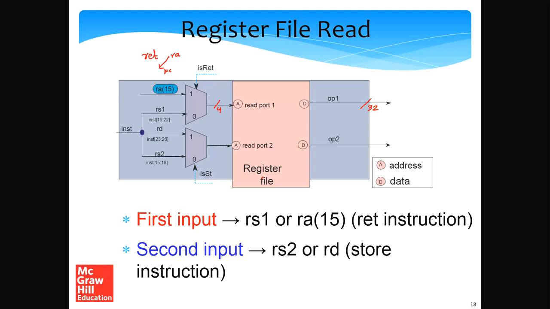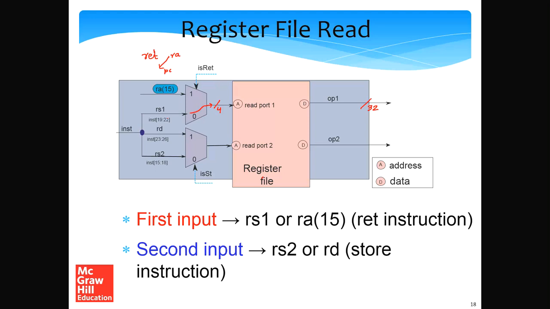So it is necessary to read the contents of RA. That's the reason we have a multiplexer. Inside the multiplexer, if this isRet signal is true, isRet means is return, this means that this is a return instruction, a ret instruction. So we choose RA, which is 15, as the output of the multiplexer. If the instruction is not a return instruction, we choose RS1 as the output of the multiplexer.